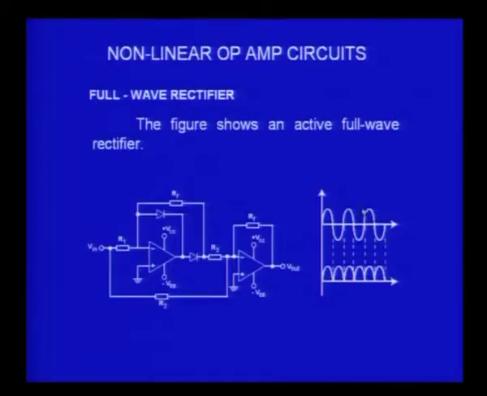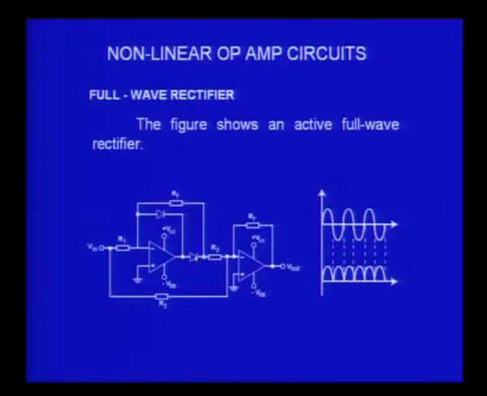So, this is what you want to give as a signal, and this is what you want to obtain at the output. What is the circuit? The circuit is what I have here. You can immediately recognize, I hope, that the first circuit here using the op amp is nothing but a half wave rectifier. I have used R1 and RF here, which has a finite gain when the diode is in the reverse biased condition.